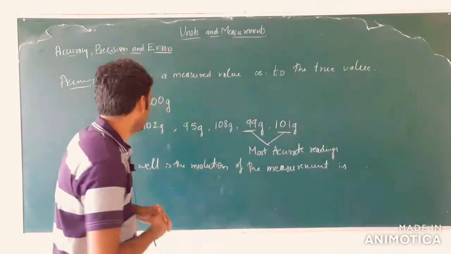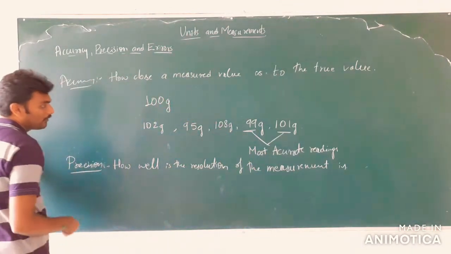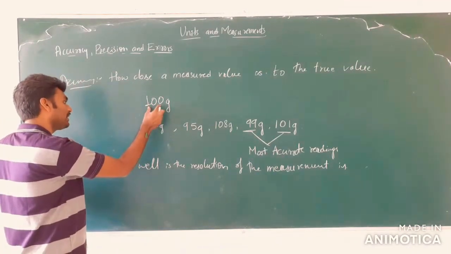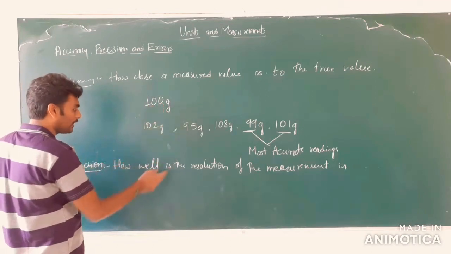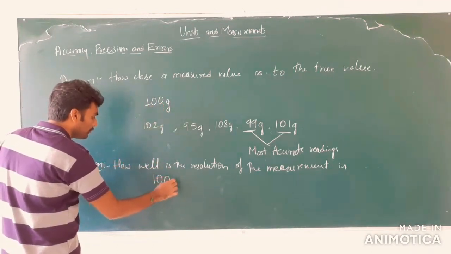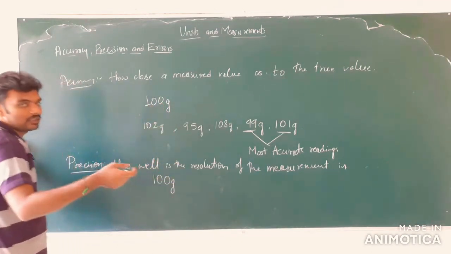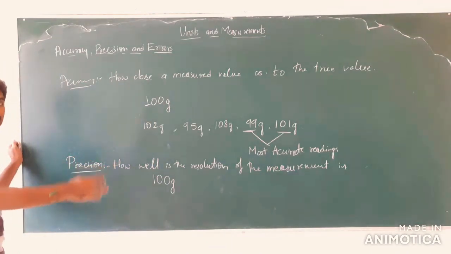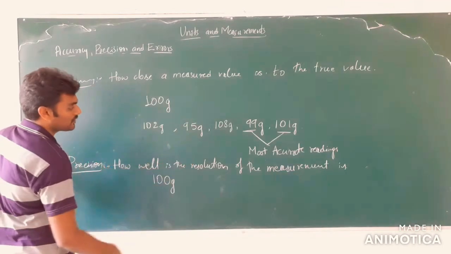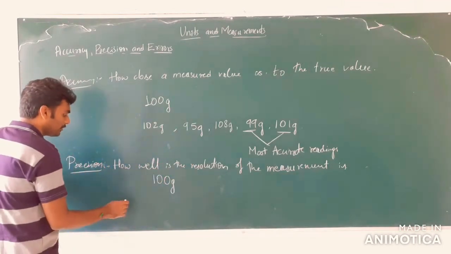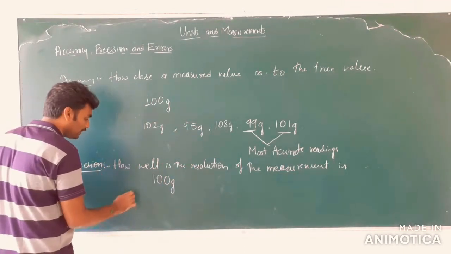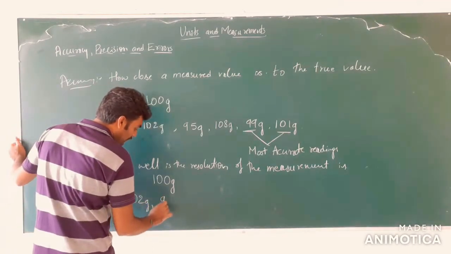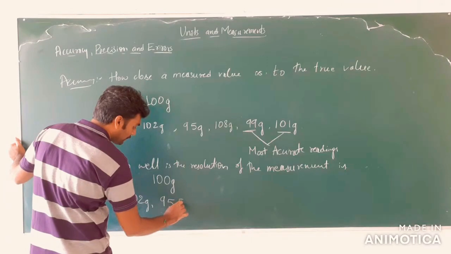Okay, for example, say I have three or four readings. Once again, let me take the same example of 100 gram soap or 100 gram toothpaste measured with different kinds of scales, giving us different measurements. Say one of the measurements that I get is 102 gram, and one more measurement is 95.5 gram.